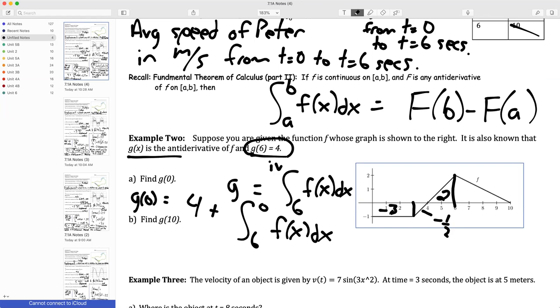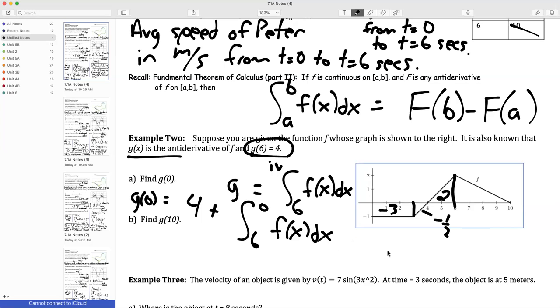The other thing is I am integrating from 6 to 0. It's moving backwards, right to left. Therefore, I've got to change the sign. Okay, so g of 0. Let me just solve this.